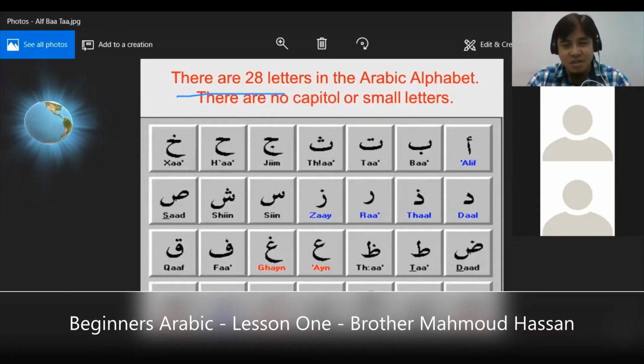Because if non-Muslims learn Arabic, how to write and how to read, they will be very happy. And that is also one of the ways that the relationship between Muslims and non-Muslims will be good, right? So it is very, very important, inshallah.